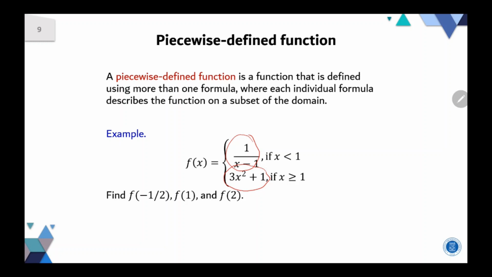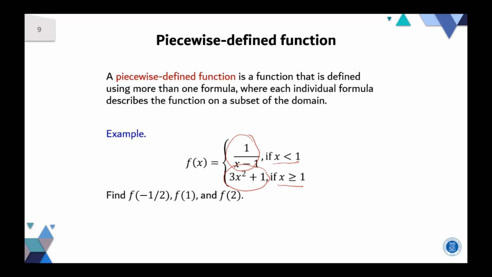But of course, because a function can only have one assignment for each object in the domain, the set where each formula is defined has to be different. So for this one is x less than 1, and here x is greater than or equal to 1. So there should not be the same values in each of the subsets.